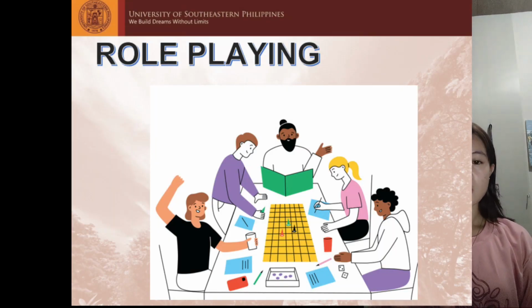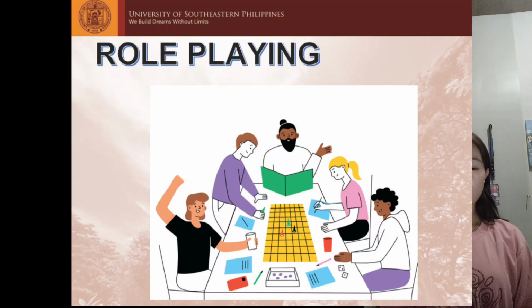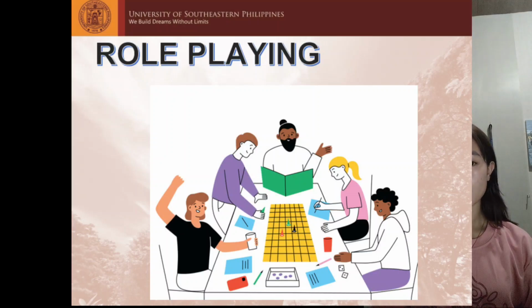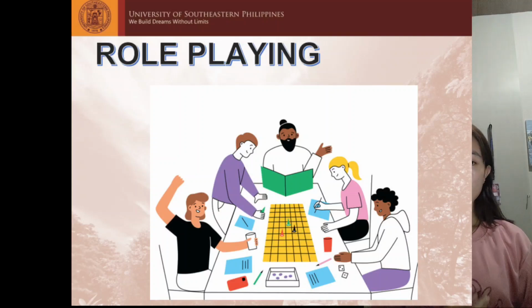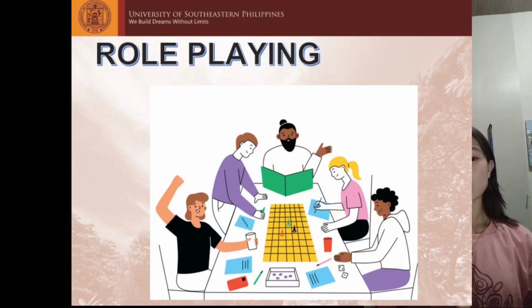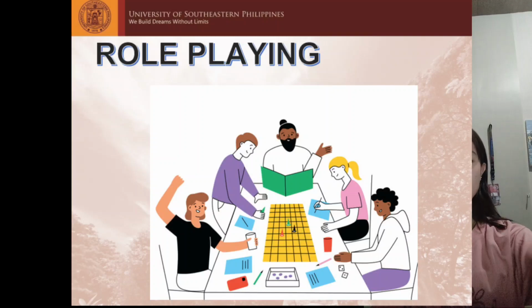In this activity, students enact specific roles and act out situations that they might encounter in real life. Through these activities, students practice relevant vocabulary, and it also improves their ability to respond in specific situations using the target language.